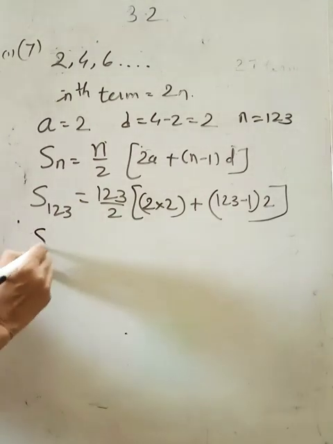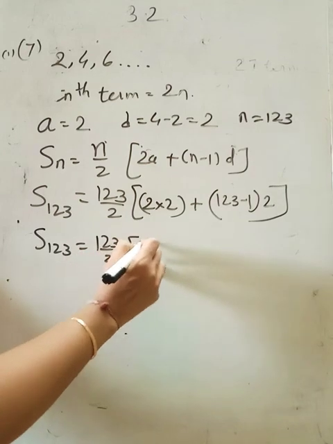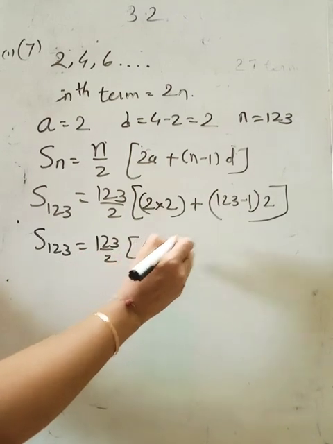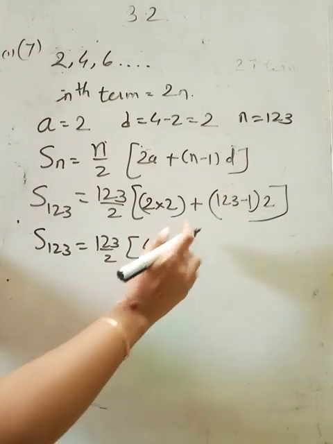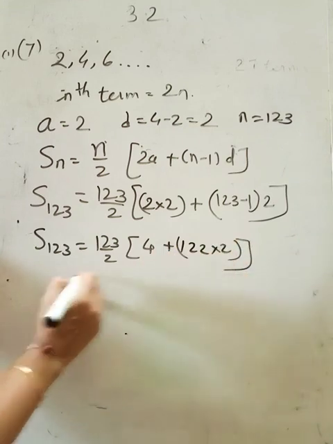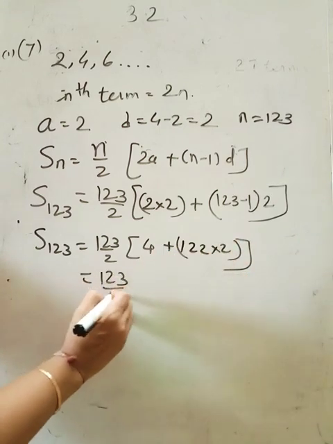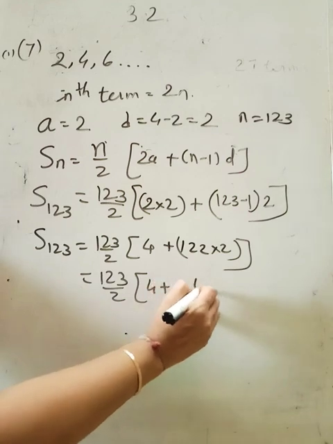So S123 is 123 upon 2. Now 2 twos are 4 plus 123 minus 1 is 122, and then you have to multiply that by 2. So 123 upon 2, 4 plus 244.